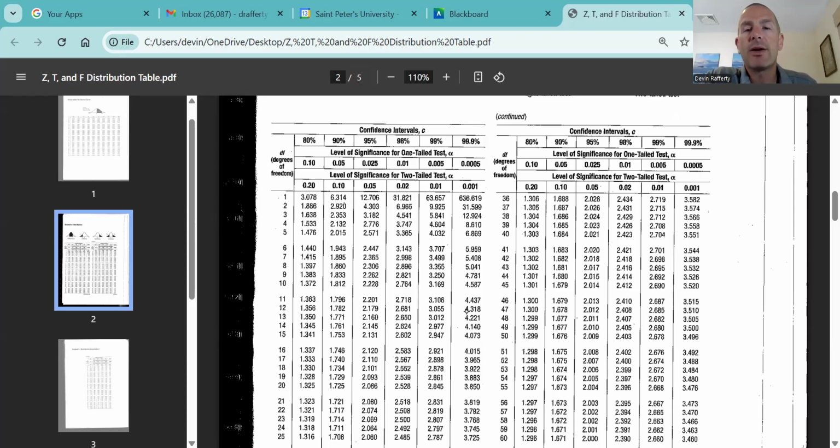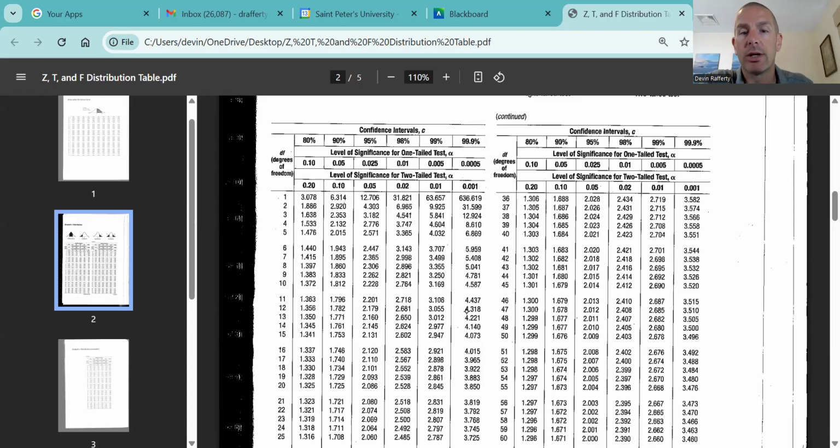Okay. What about if we had a level of significance of 0.10 for a one-tailed test? If we did a 0.1 level of significance for a one-tailed test with 53 degrees of freedom, one-tailed, 0.1, 53 degrees of freedom, that's 1.298.